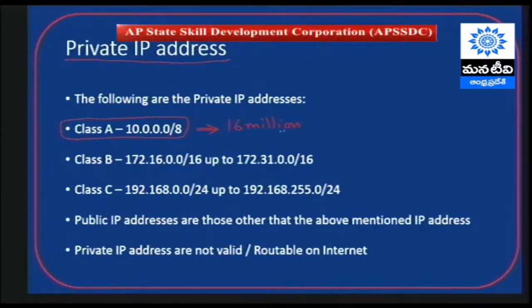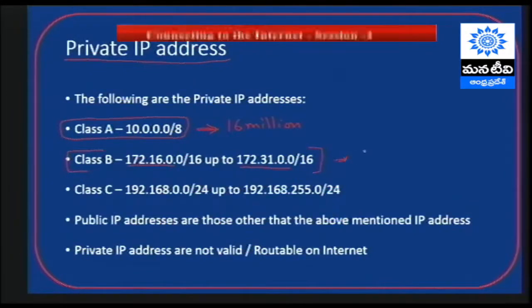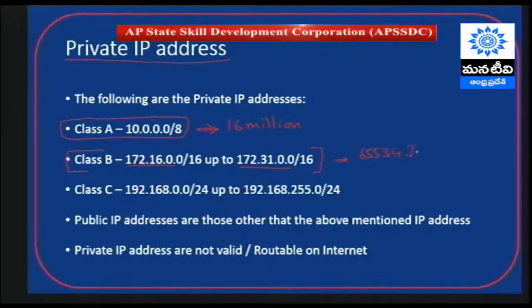There are about 16 million private IP addresses in this class A reserved network, whereas in class B there are about 16 different class B networks reserved, and each of these class B networks provides 65,534 IP addresses, and in class C we have 256 class C networks, and each class C network provides up to 254 IP addresses.